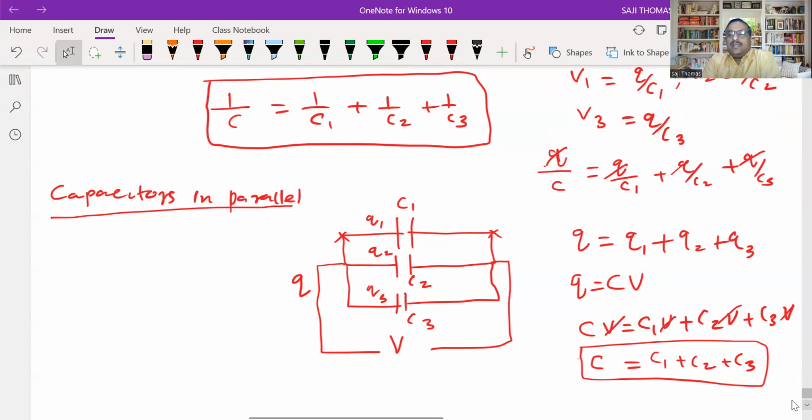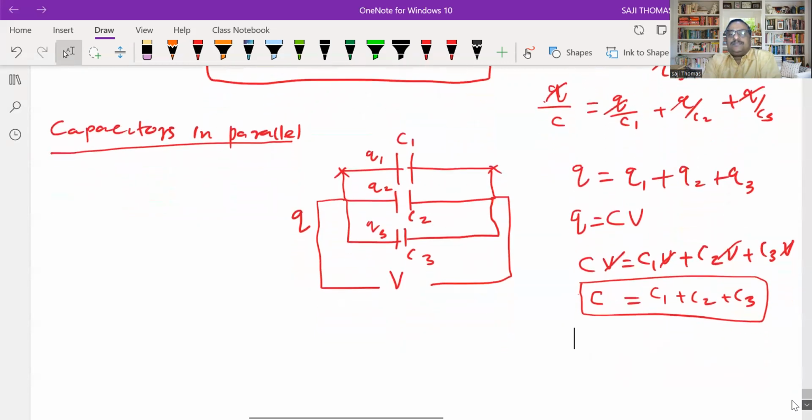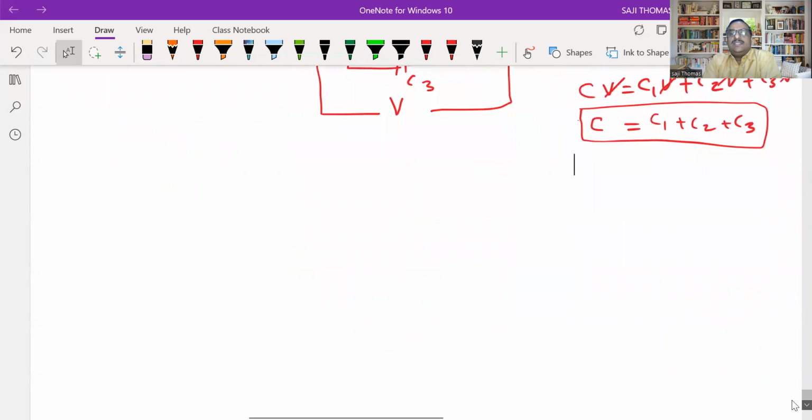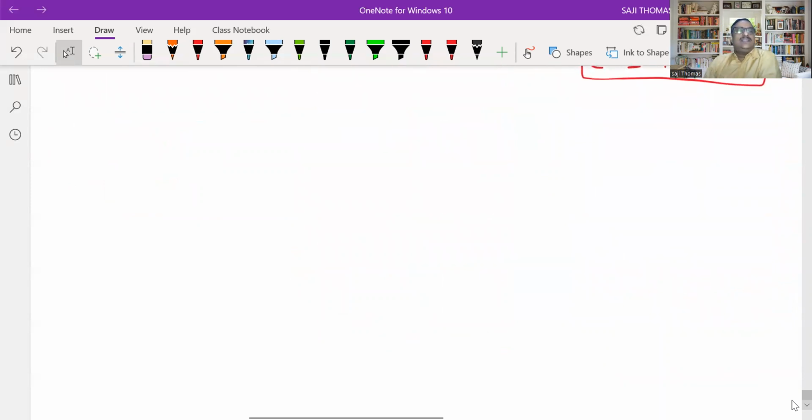Now we will do a numerical based on series and parallel combination. See, I am giving a combination of capacitors.